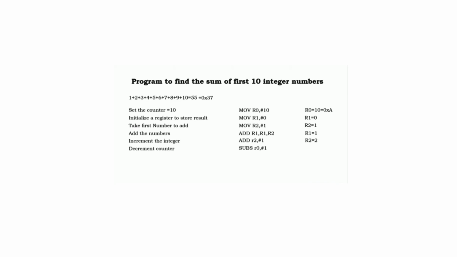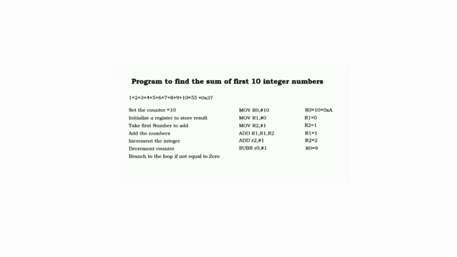So the R0 value, that is the counter value, will be subtracted with 1, that is 10 minus 1. It will become 9. We will check whether this counter is 0 or not. If it is 0, we are done with all the integers. Now the counter is 9, so we need to go back and add the next number.